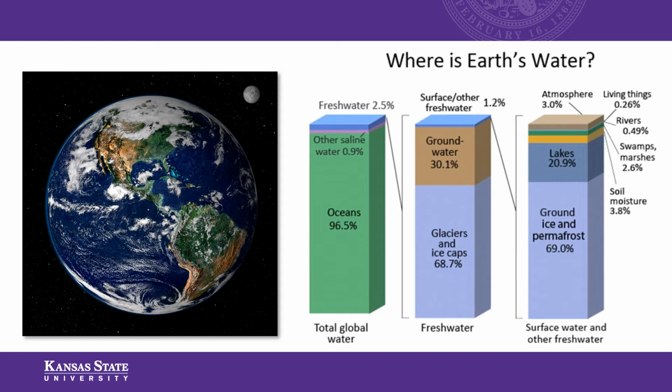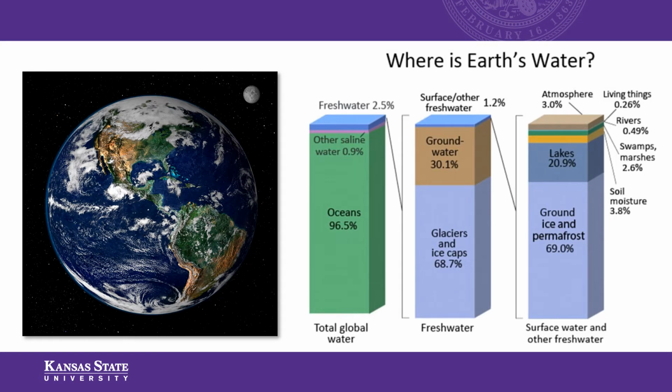However, more than half of that water is frozen in our glaciers and our ice caps, and it's also unusable in its current state. We're not going to go up to the glaciers and chip off a bunch of ice and melt it so that we have fresh water.